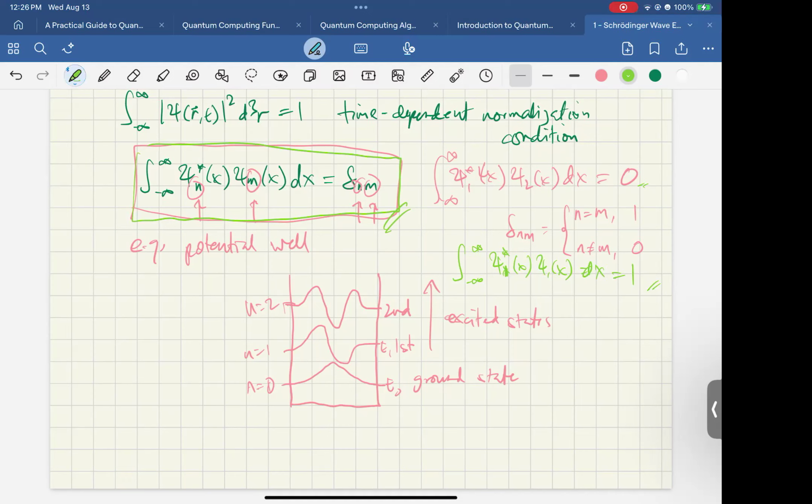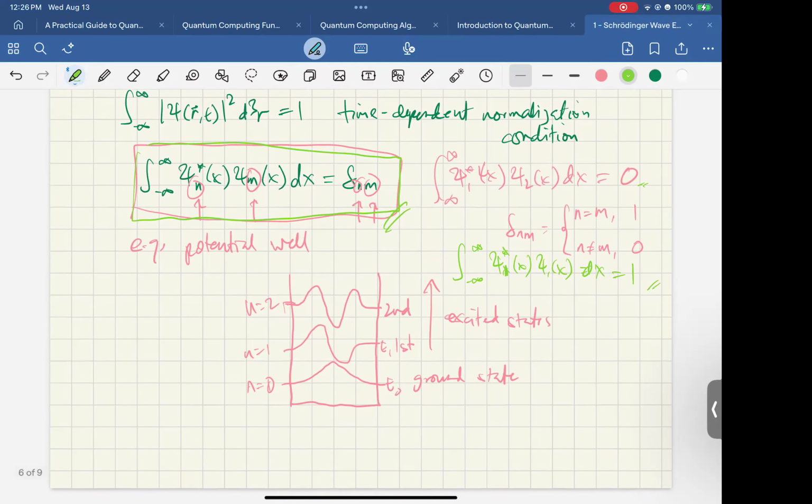So the subscripts mean na maraming states na pwedeng i-occupy yung quantum mechanical particle. And we describe those states in terms of a subscript n, where n is equal to 0, 1, and 2. Kaya m yung nakalagay dyan kasi they're not necessarily in the same state.